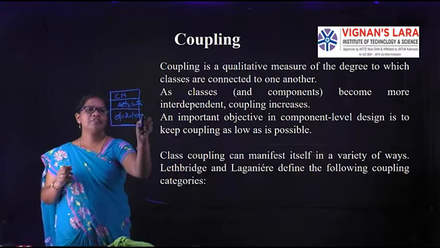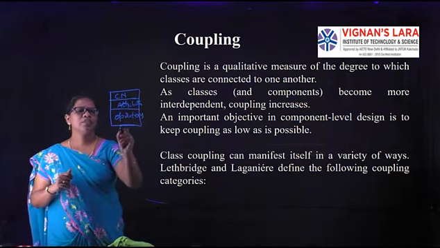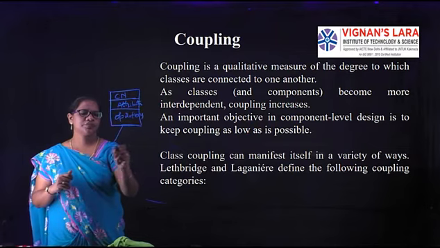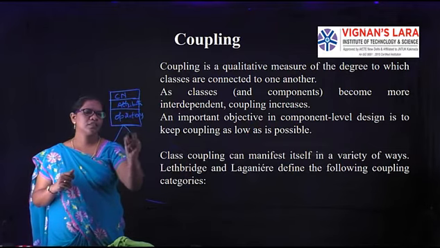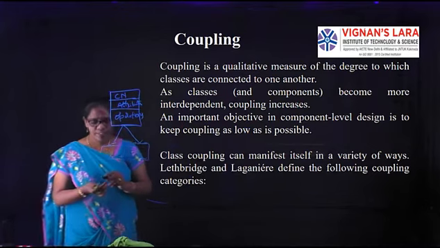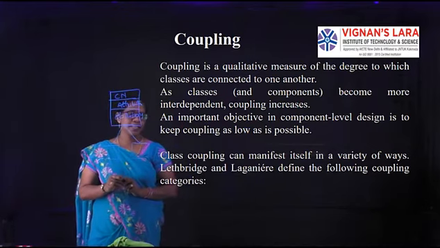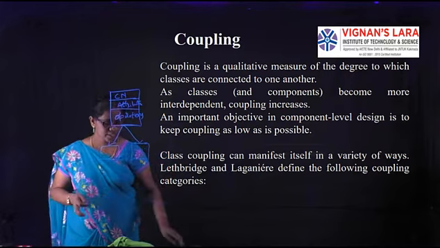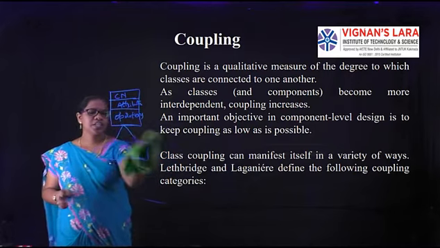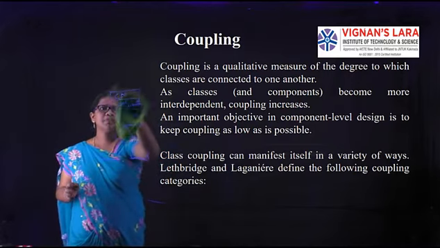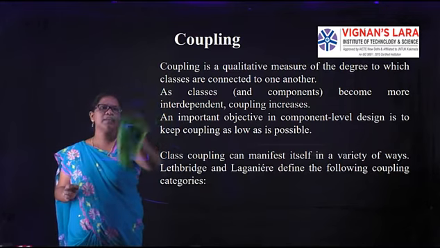Like that we will have many classes. How these classes connect and collaborate with each other is called coupling. Whether an association relationship exists between them, or a one-to-many relationship, whichever relationship is applicable between these classes is defined by coupling.